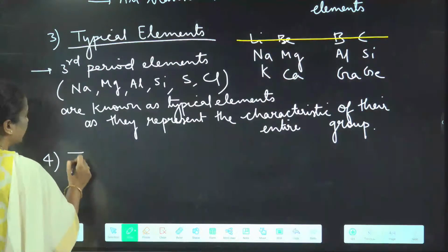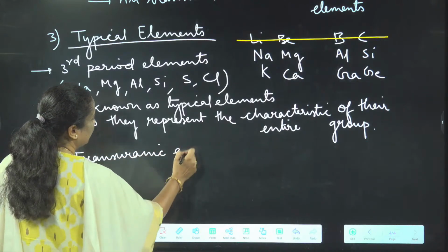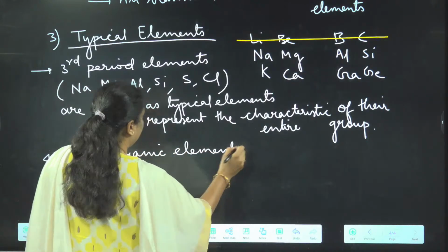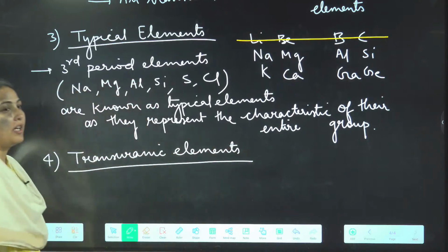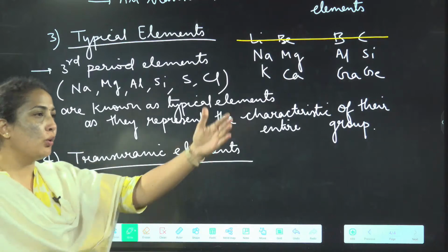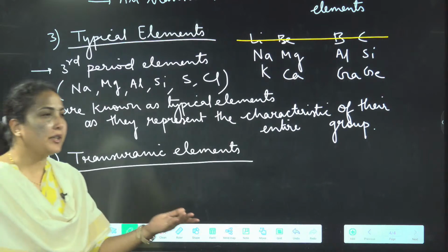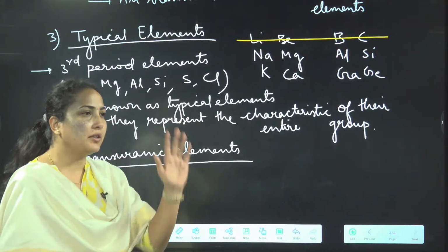Now the last one in this is trans-uranic elements. So what does this stand for? Trans-uranic element means basically the elements which follow after uranium. Uranium's atomic number is 92. So anything after that is basically trans-uranic elements.